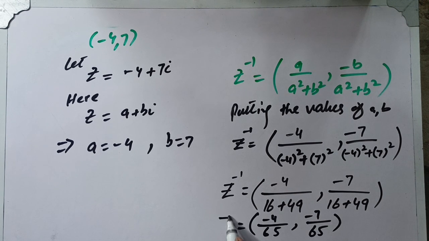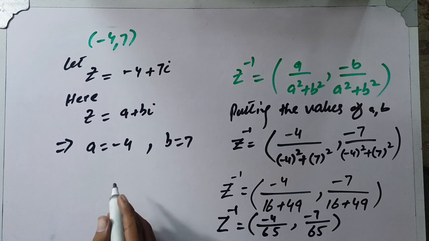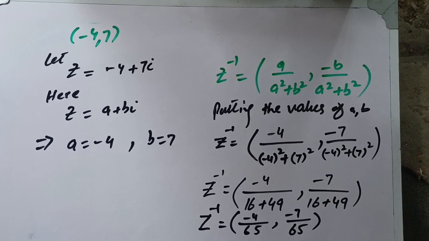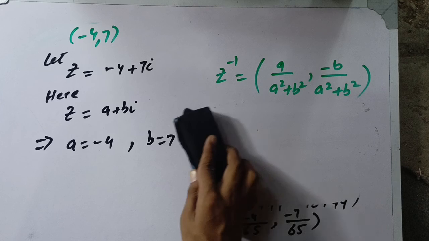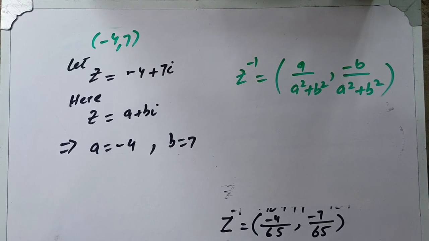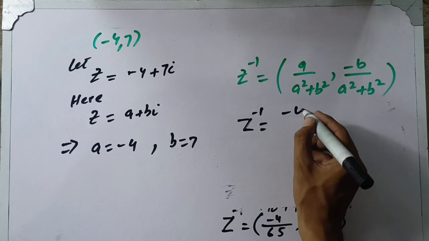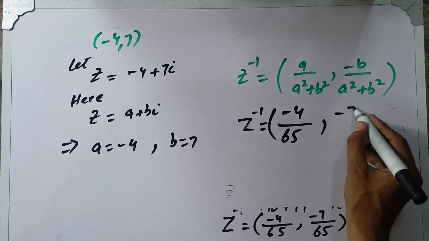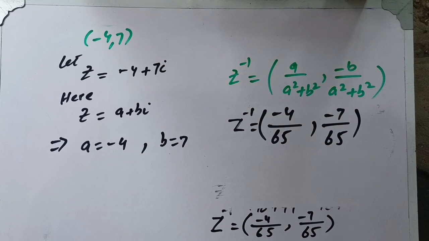So this is the inverse of this complex number, and maybe it is not much clear, so let me write it here. Z inverse is equal to minus 4 over 65, and minus 7 over 65. So this is the complex number.